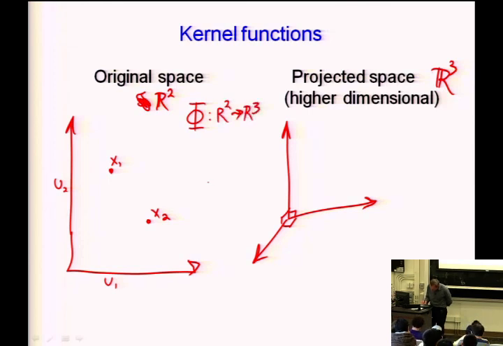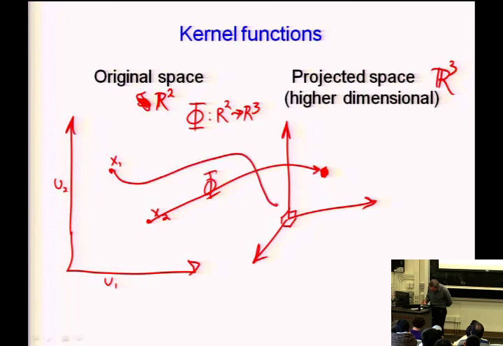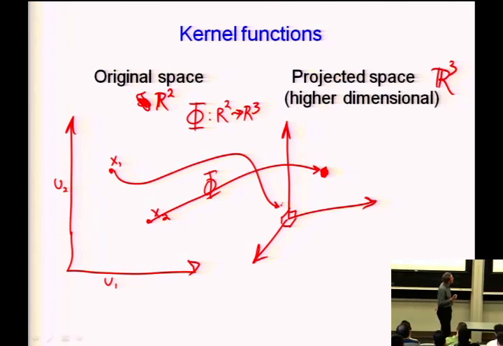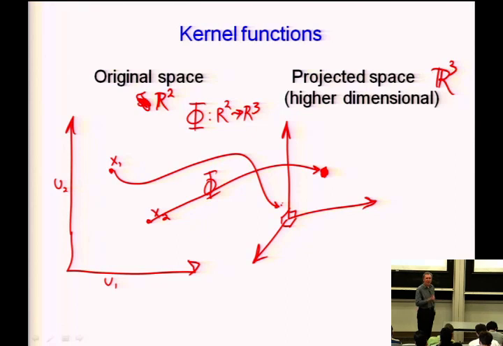For example, phi maps this point into this point in 3-dimensional space. I'll make that one big because it's close to you. And it also maps this point over here. Make that small because it's far from you. So I have some mapping that projects my points into some high dimensional space.